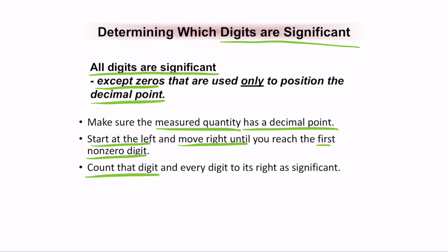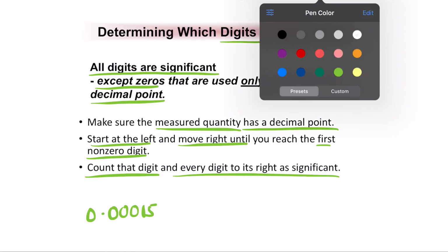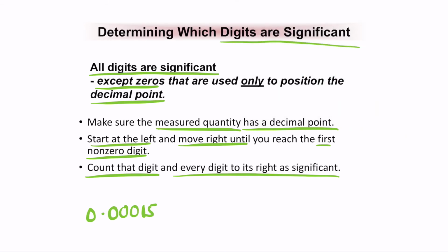Count that digit and every digit to its right as significant. For example, if you have a value of 0.0015, the leading zeros cannot be counted as significant figures. Always choose the first non-zero digit, and only there you start counting the significant figures, 1 and 5. So the total number of significant figures in this problem is 2.